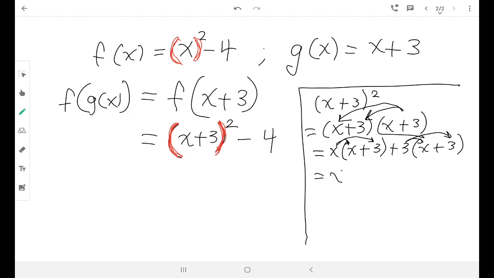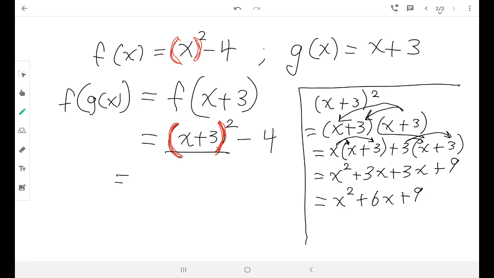So that's x times x, which is x squared, plus 3x, that's x times 3, plus 3x is 3 times x, plus 3 times 3 is 9. And so we get x squared plus 6x plus 9.